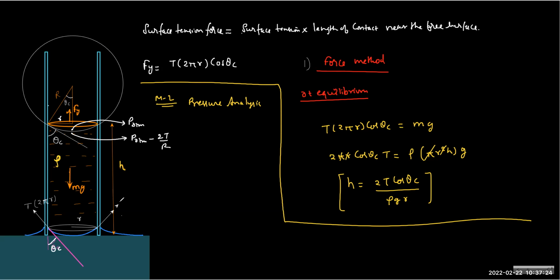If you remember the excess pressure concept, the pressure on the concave side is more than the pressure on the convex side by 2T by R. So we can directly subtract the 2T by R.